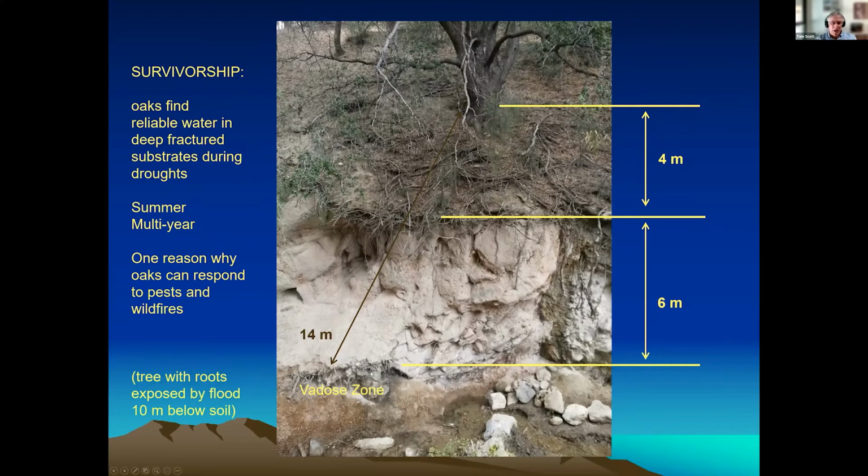And it just happened they got uncovered by erosion, but you can see that the vadose zone here is 10 meters below ground and it's 14 meters away from the tree. And by sending roots out this way, they get reliable water during times of drought. And that's not just the drought that we have, in terms of what we get every 3 or 4 years, or the droughts that you see that are annual. It also takes care of that summer drought that we have every year.